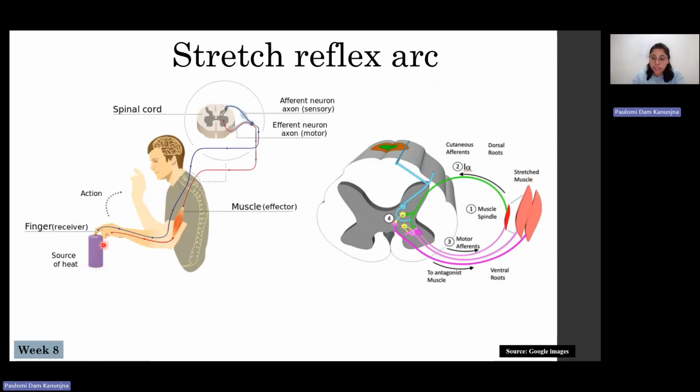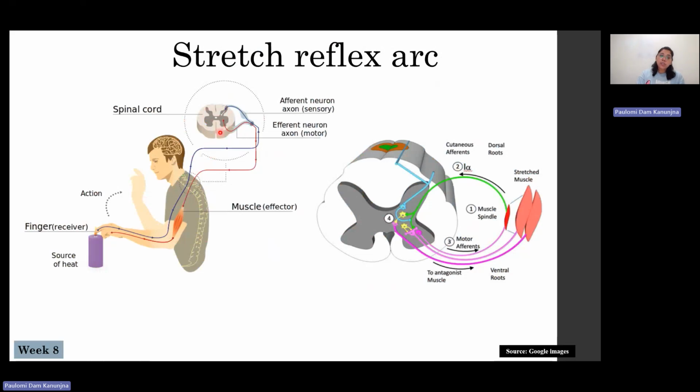Now, what does that mean? In simple terms, this person here is touching the source, which is the candle. He is touching the candle, feeling the heat. This is excessive heat, so your finger receives this information. Your afferent neurons, which are the sensory neurons, take the information to the brain and spinal cord.